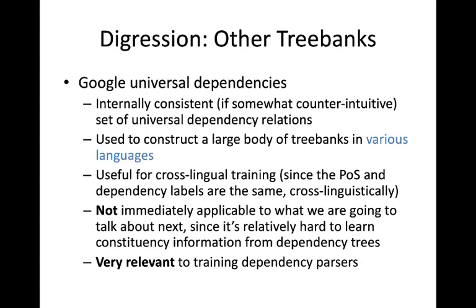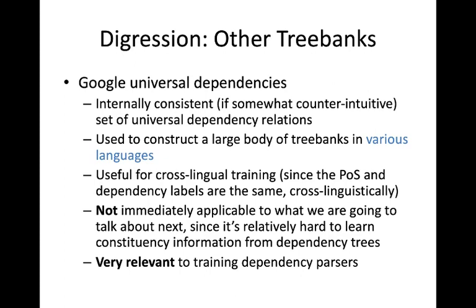The best-known set of dependency tree banks right now are Google Universal Dependencies. So this is a set of conventions for doing dependency annotation, and then a group of tree banks that are annotated according to these conventions. And they exist in lots of languages big and small.